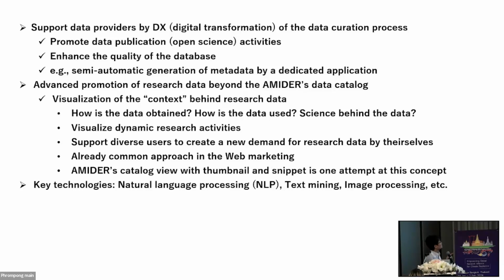It's one of the hard works for individual researchers, but it's very essential for open science. So supporting data providers will promote data publication for open science activities. And by digital transformation, it will also enhance the quality of the database.